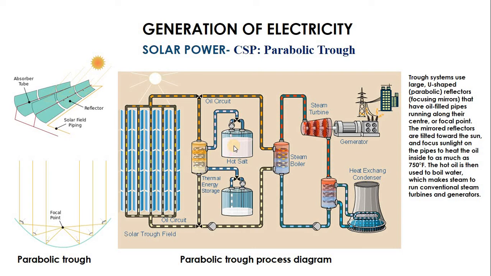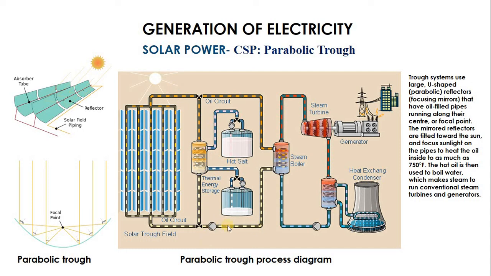So now what happens during the night or in times when there's no heat from the sun? This part of the circuit is taken out. All these are valves. So if you close this valve and you close this valve, nothing will go here, nothing will come out from here.